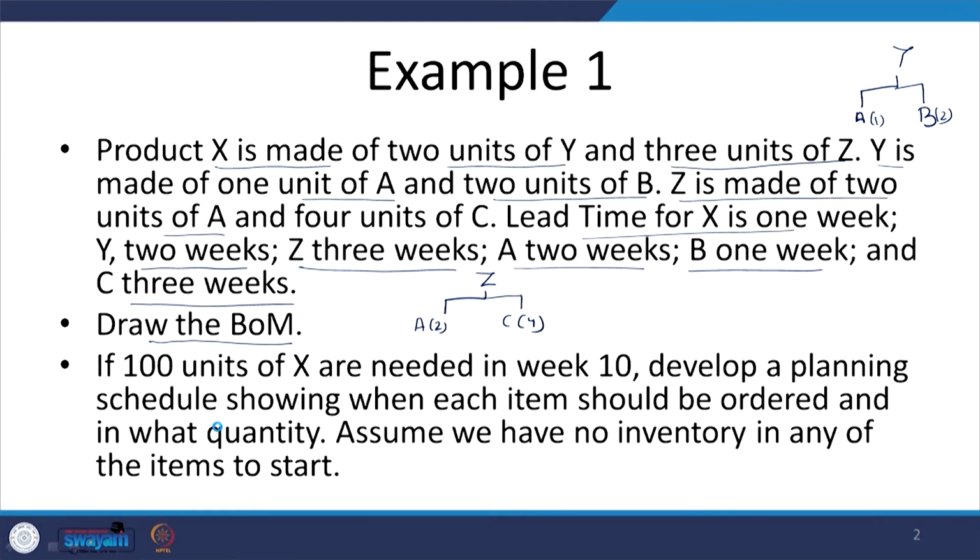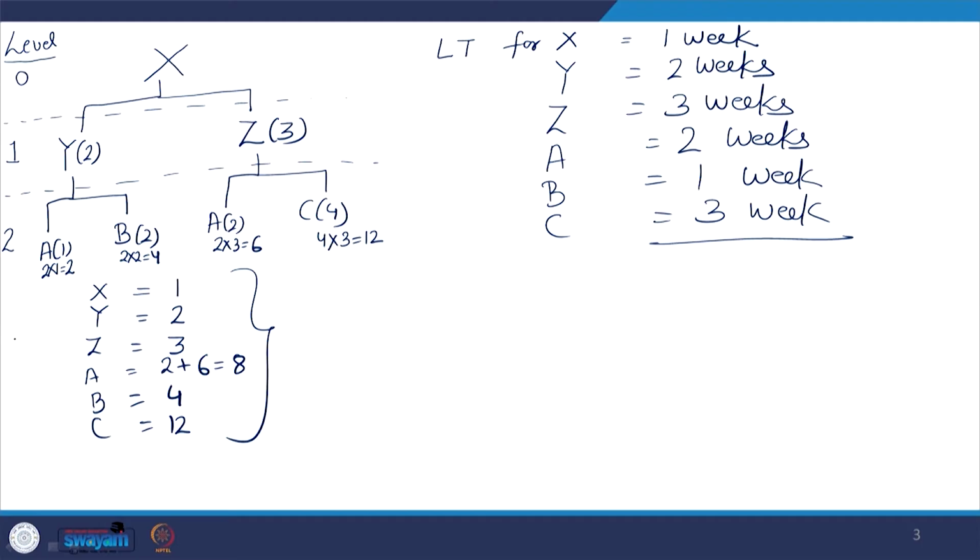Now, the question says draw the bill of material. So, this is your bill of material. The quantities required for different materials are now available to you. When you use this quantity information with lead time, we are able to make our MRP.